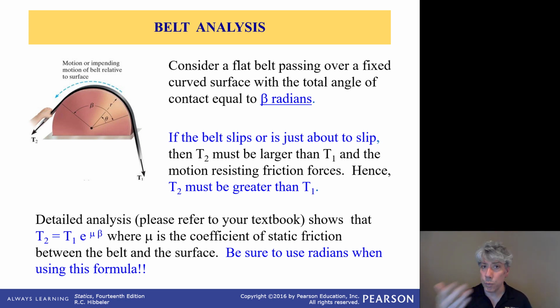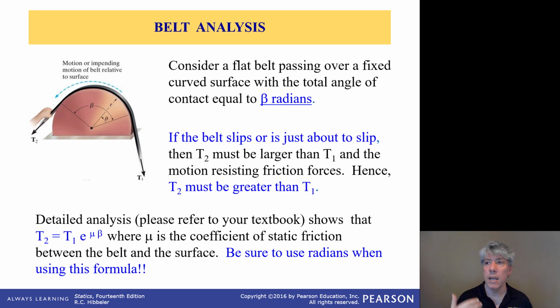And sometimes it's EXP, the exponential function. If you're using Excel, it's definitely EXP. It's a function in Excel. Mu is the friction coefficient, same kind of friction coefficient that we've had before, right? We had a kinetic friction coefficient and a static friction coefficient. Which one is this? It's the static, because we're assuming there's no slippage.